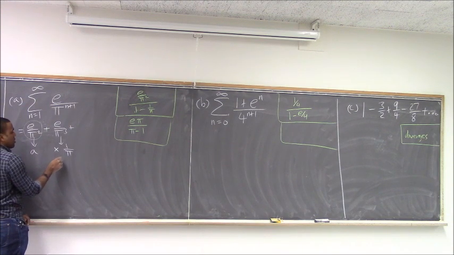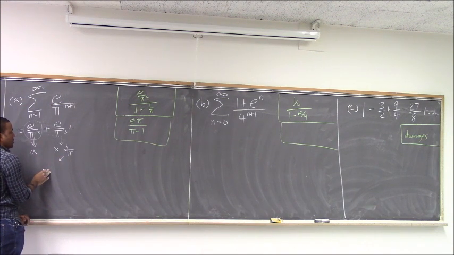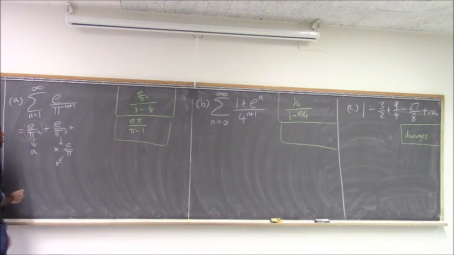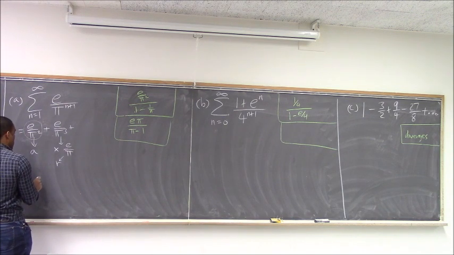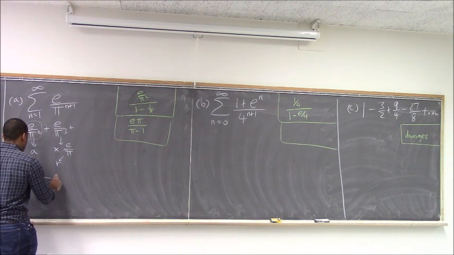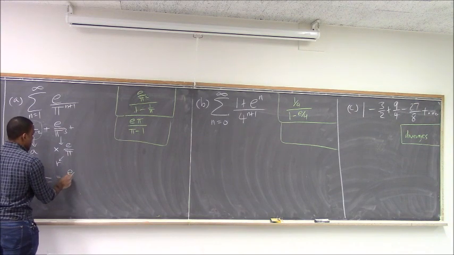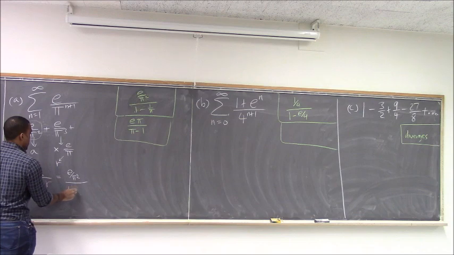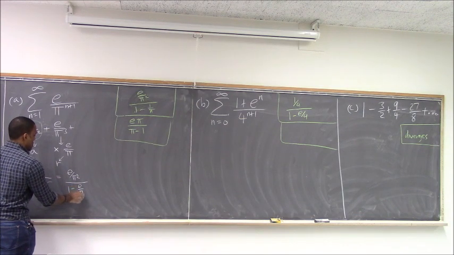So what is your r? So my r is e to the e divided by pi. So you think that's the r? Yeah. So now you think that this goes to a over 1 minus r, which means you had e over pi squared over 1 minus e over pi? Yeah.